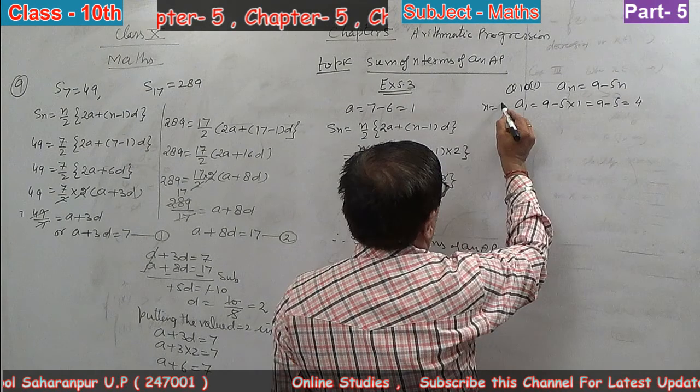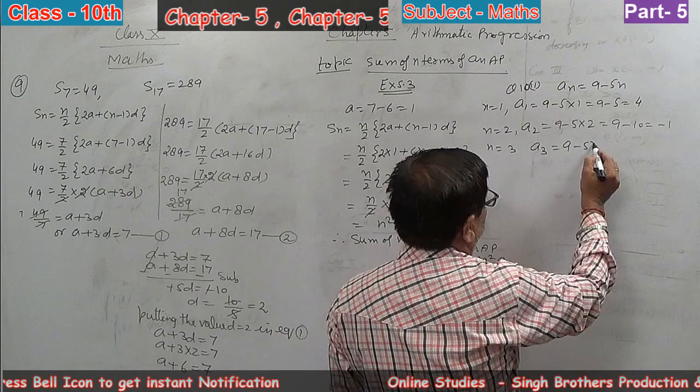So Sn is equal to n upon 2 into 2a plus n minus 1 into d. 2a is 8, n is 15 because we have to calculate the sum of the first 15 terms.